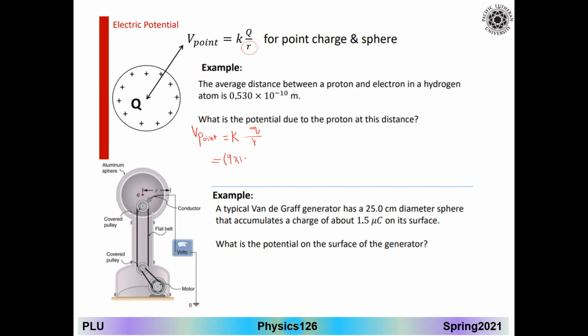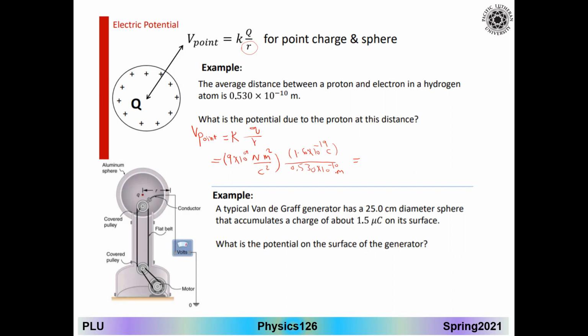Here is K, 9 times 10 to the 9, with units in newton meter squared divided by coulomb squared, times the charge Q, 1.6 times 10 to the minus 19 coulomb, divided by R. We already have R in meters, 0.530 times 10 to the minus 10 meter. Just plug those numbers in and you end up with it.